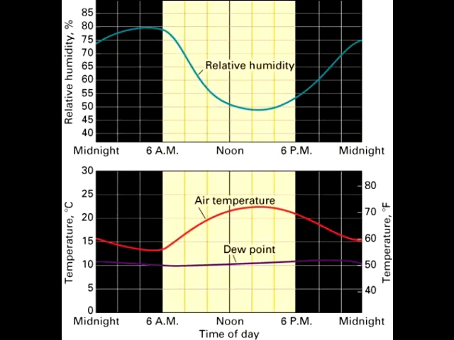Air temperatures are low early in the morning. Consequently, the saturation-specific humidity will be low and the relative humidity will be high. Air temperatures are high in the afternoon. Consequently, the saturation-specific humidity will be high and the relative humidity will be low.